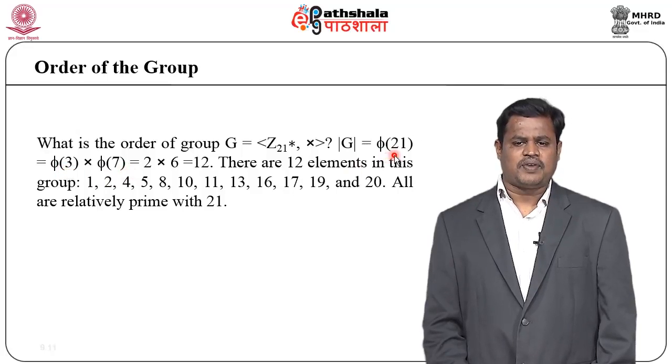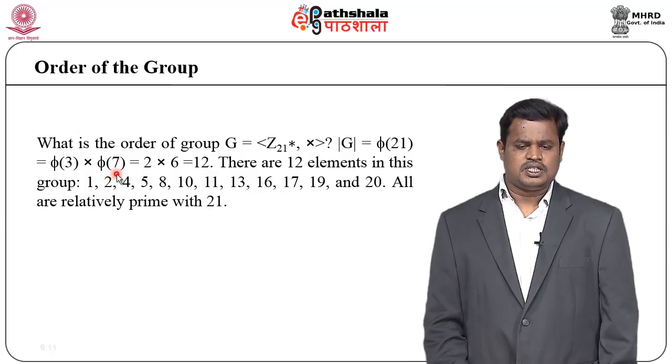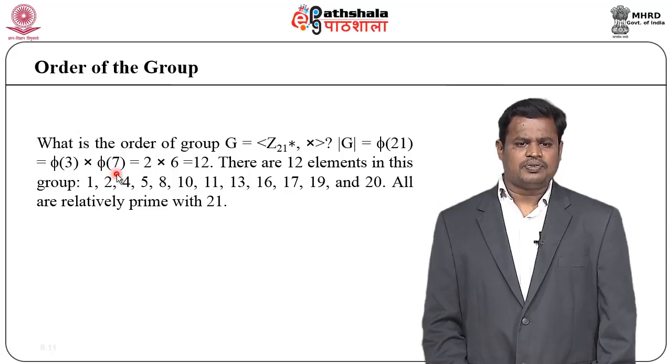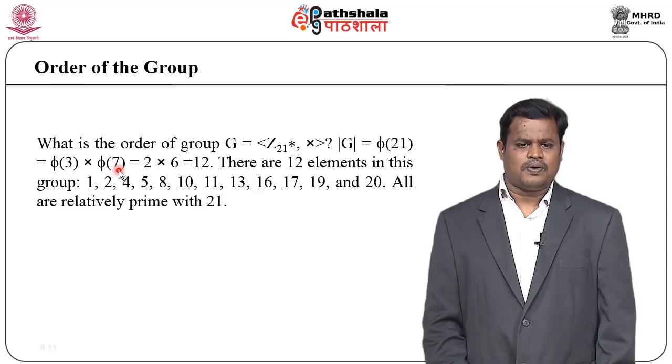So, always we will be factorizing in cryptography with the help of prime numbers. So, phi of 3 into phi of 7, we know the rule for finding the phi of p: whenever I say phi of p, I will say p minus 1. That is the answer for this particular operation.